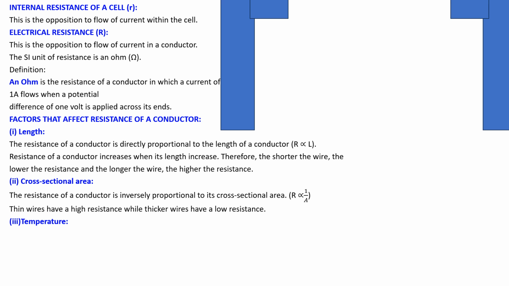Why do you think so? Do we agree? Reducing the area increases resistance. Why? This is because the mean free path of electrons reduces with a reduction in the cross-sectional area.